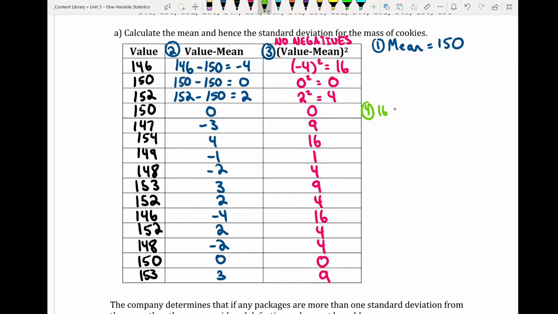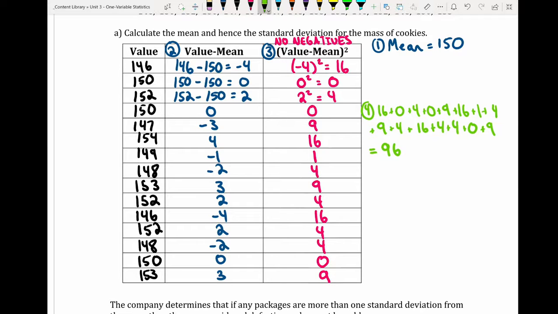So 16 plus 0 plus 4 plus 0 plus 9 plus 16 plus 1 plus 4 plus 9 plus 4 plus 16 plus 4 plus 4 plus 0 plus 9 equals, and when we add all of those, we get 96.